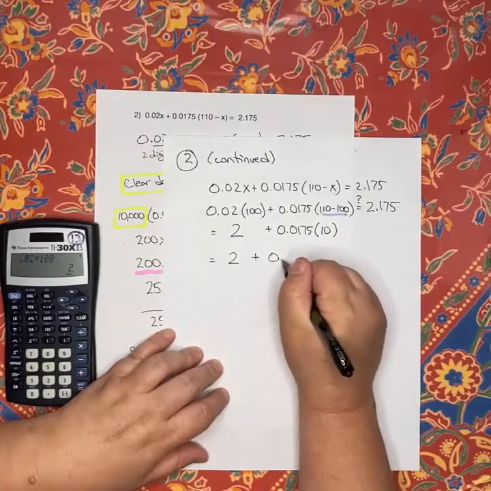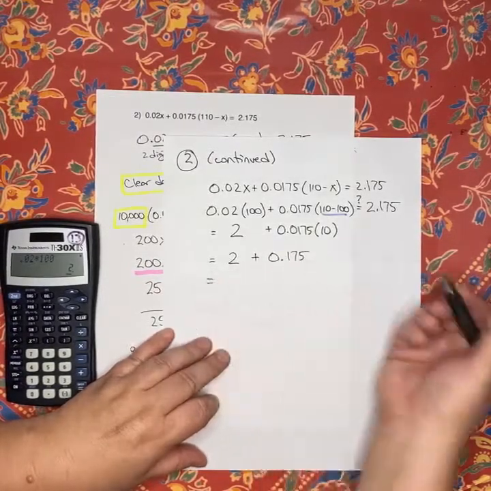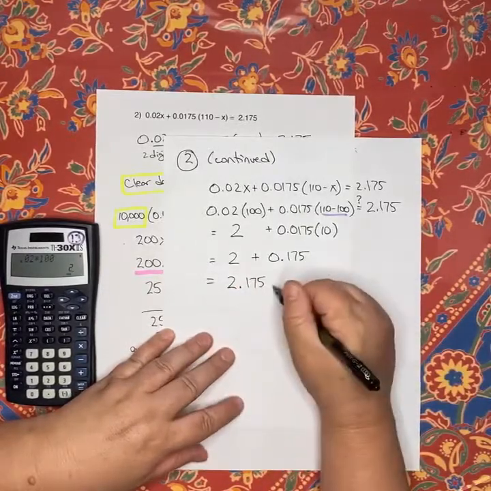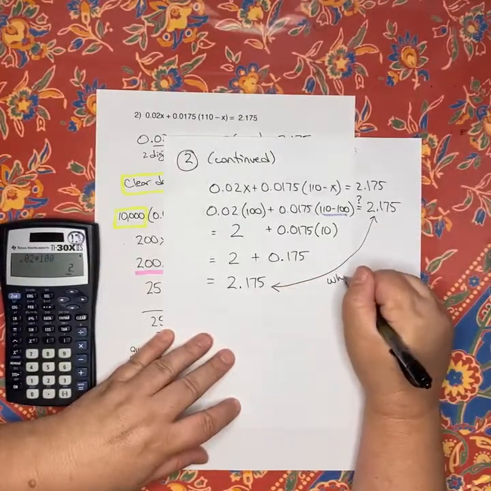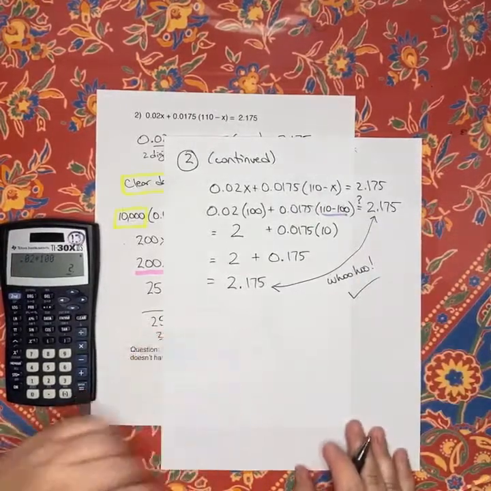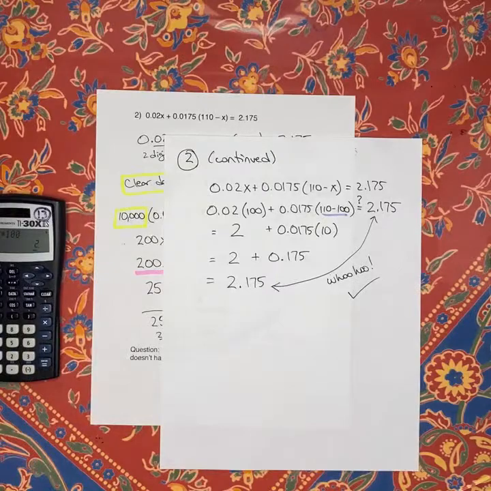So it'll be 0.175. And so 2 plus 0.175 is 2.175. Oh my gosh. I taste victory. Woohoo! It's checked. My problem is correct. Okay, so we're almost done.